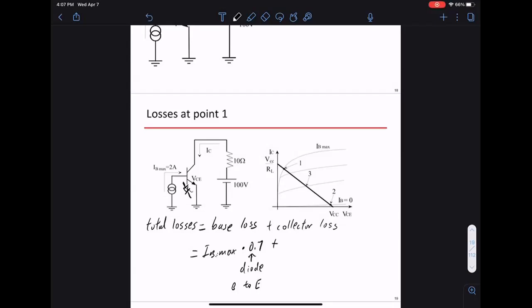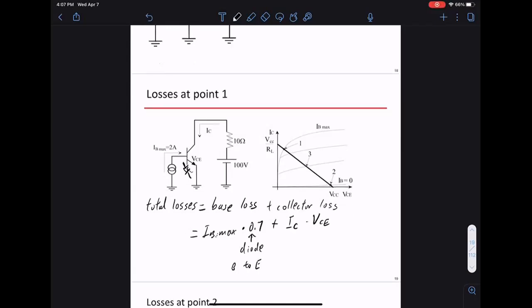Then the other loss is the current I'm pushing through, multiplied by the voltage drop I have across this transistor. So my current is beta times IB.